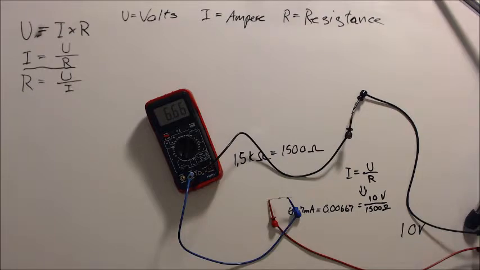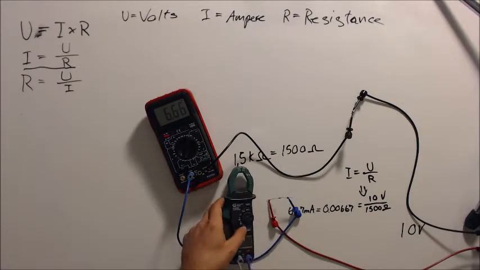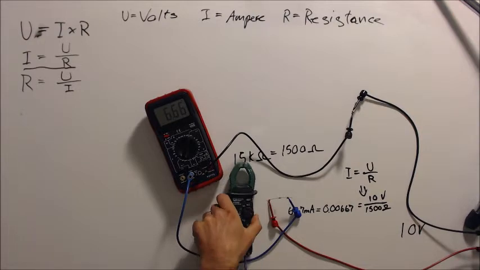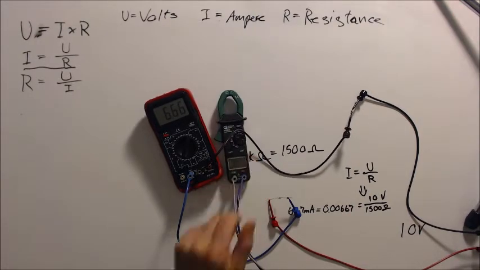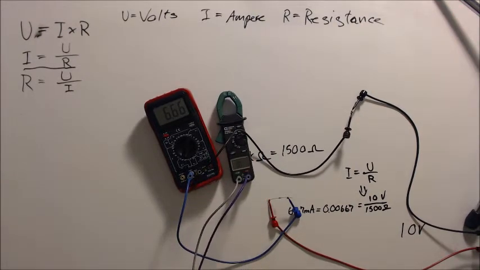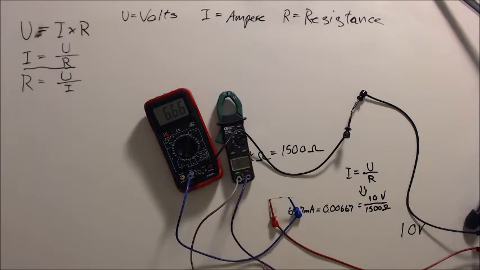Now, what if our voltage went up? So let's bring in a voltmeter here so we can follow that. And as I mentioned, I don't know actually if I mentioned that, but current is measured in series.